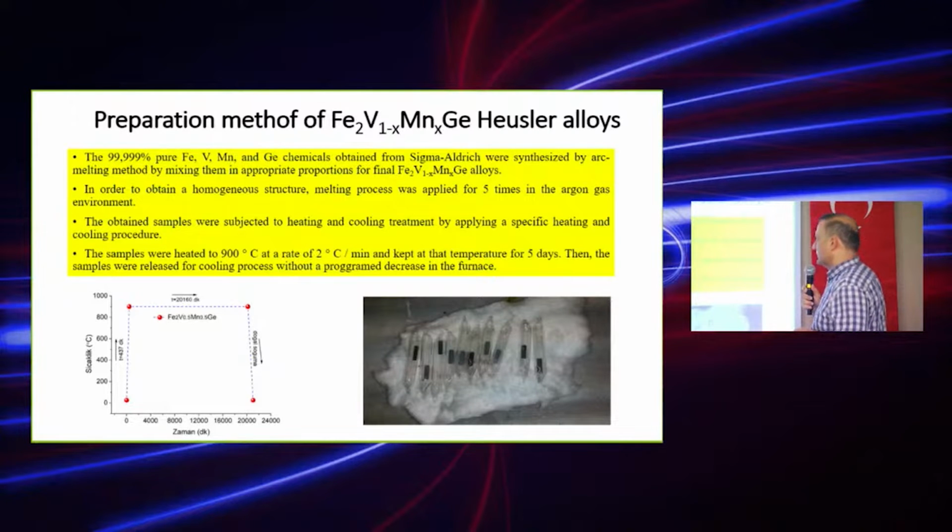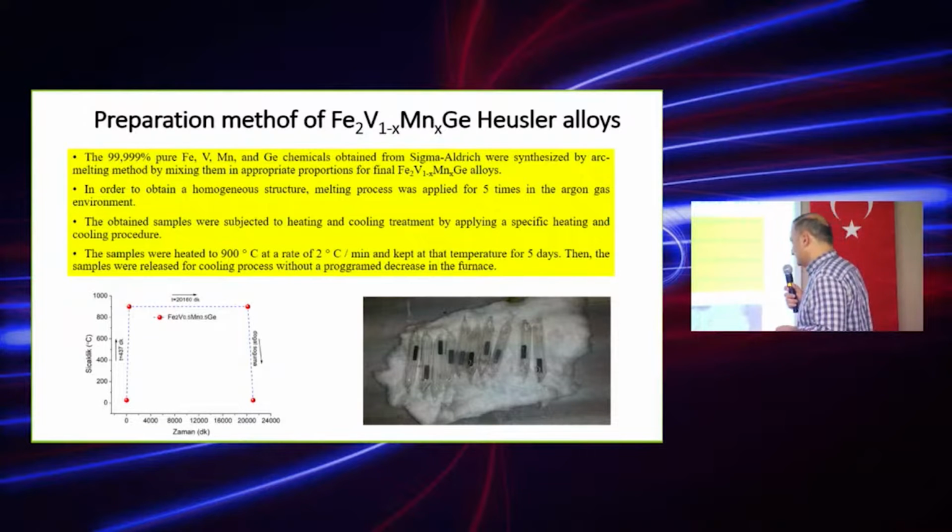In an argon gas environment, the obtained samples were subjected to a heating and cooling treatment by applying a specific heating and cooling procedure. That is right here. We started heating from room temperature, and the time is in minutes.